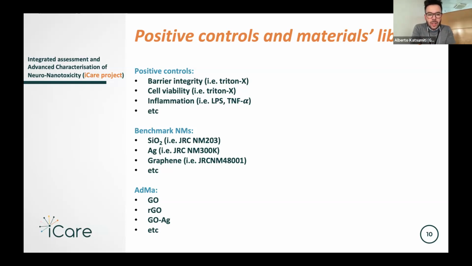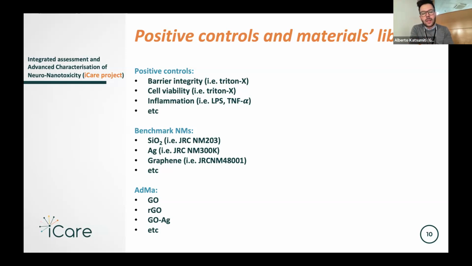And a third set of experiments will be performed using industrial materials, basically advanced materials based on graphene oxides, reduced graphene oxides, and advanced materials made of the combination of graphene oxide and silver nanoparticles, and so on.